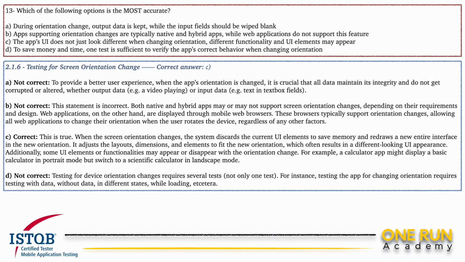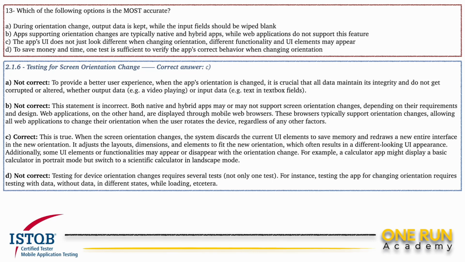It adjusts the layouts, dimensions, and elements to fit the new orientation, which often results in a different-looking UI appearance. Additionally, some UI elements or functionalities may appear or disappear with the orientation change. For example, a calculator app might display a basic calculator in portrait mode, but switch to a scientific calculator in landscape mode.